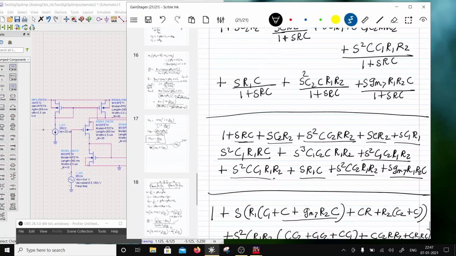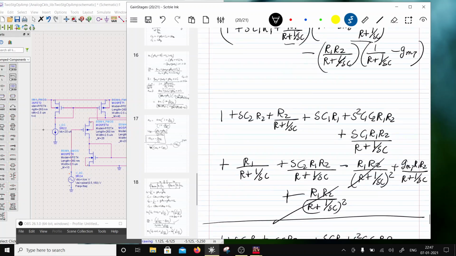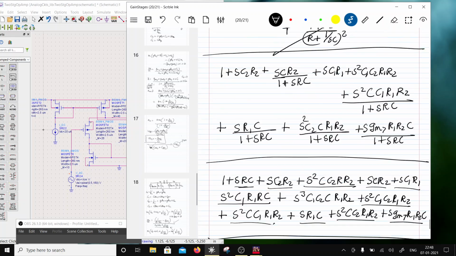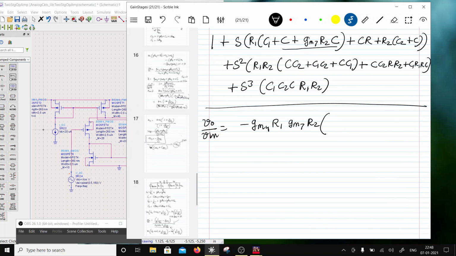And then I have the numerator as this term, where I will multiply this with, okay, so this SC will come to the top, right? SC divided by 1 plus SRC, isn't it?